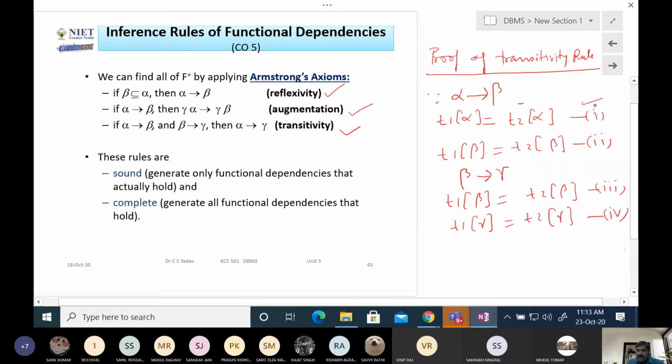Now from equations 1 and 4 we can write: if T1 of alpha equals T2 of alpha, then T1 of gamma equals T2 of gamma, and this is the definition of alpha determines gamma, and proved.